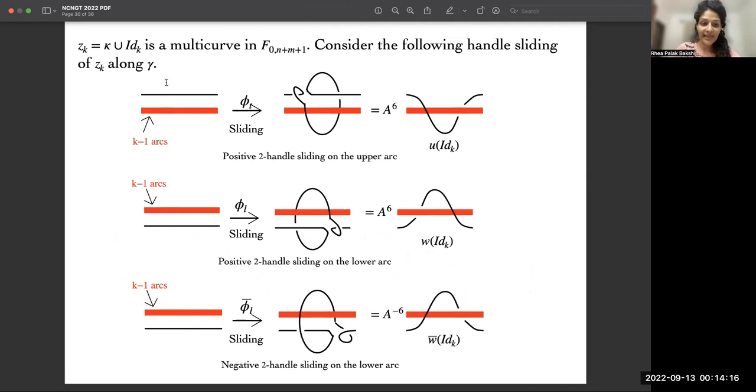So you have ZK. You could slide the top arc across the two handle over these K-1 arcs to get this diagram. You could slide the bottom arc over the remaining arcs across the two handle to get this diagram. Or you could slide the bottom arc in the opposite way to get the mirror image of this diagram. So there are many possible handle slidings that you could do.